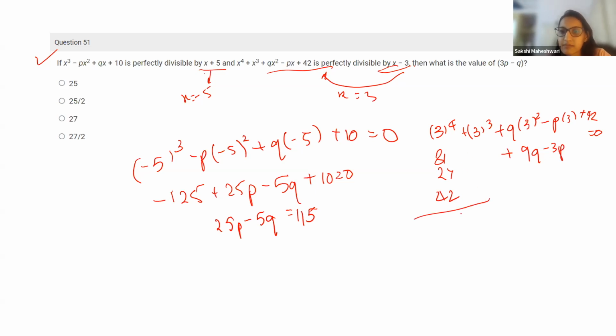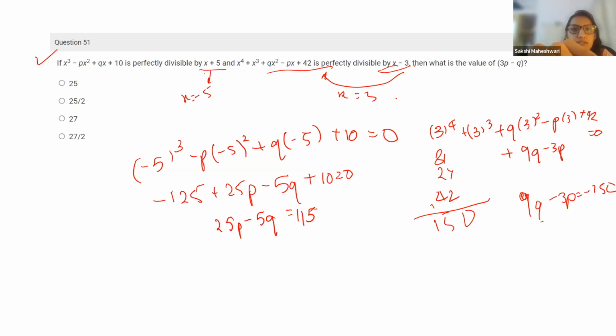Tell me what is the sum? This is 115. So 9q minus 3p is equal to minus 115. And what I need to find is the value of 3p minus q.